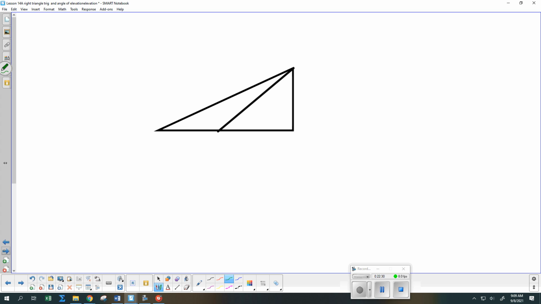Some of the word problems will have things where maybe this is 50 and this is x. So this whole side is x plus 50. Maybe you'll be doing something with this angle, and maybe you'll be doing something with this angle.